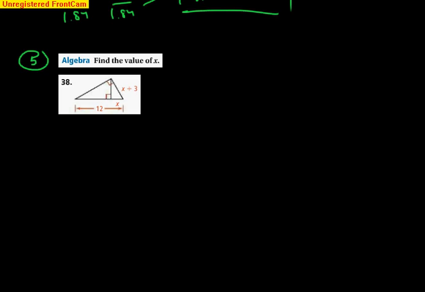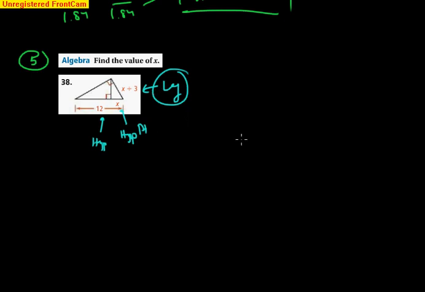Here's our last problem from this section. So we've got to find x here. So if I look, where is x? Well, 12 is the hypotenuse. So that means x is a hypotenuse part. And x plus 3 is a leg of the big triangle. So we're probably going to use the leg idea here.